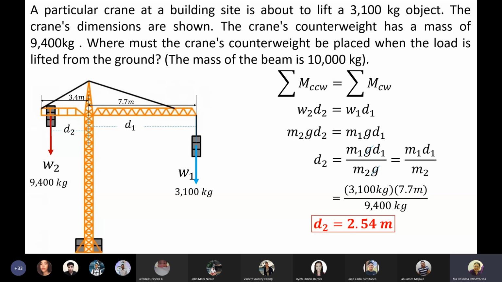Naintindihan nyo ba ang aking tanong? Can you give me what should be the maximum weight na kayang kargahin ng ating crane on this part? For example, pag ginawa ko bang 4,000, kakayanin ba ng ating jib? Yes po. Okay, so ano yung maximum niya?